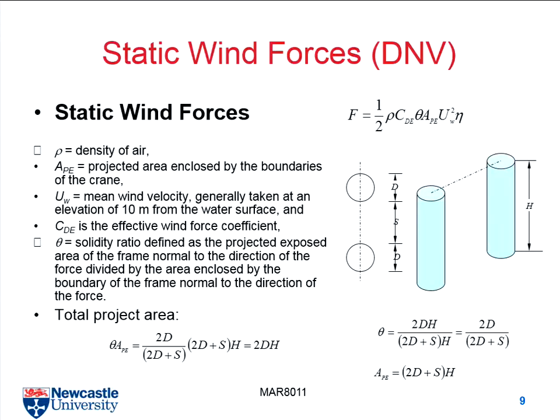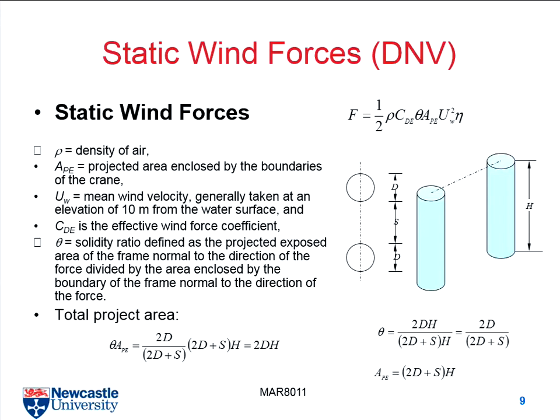But to this structure, we have another thing: the area enclosed by the outline, right? If we know the distance S between the two pillars, the area will be D plus S. So here is the ratio, and the ratio is theta. Theta can be used in this estimation.